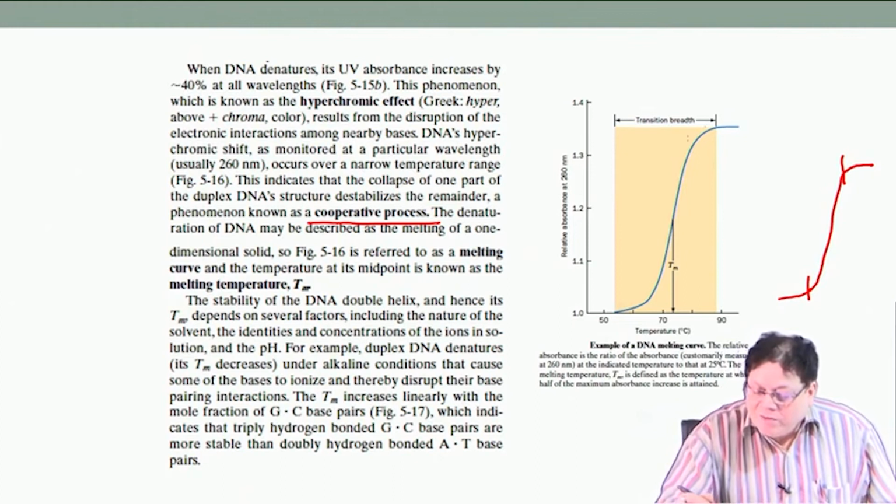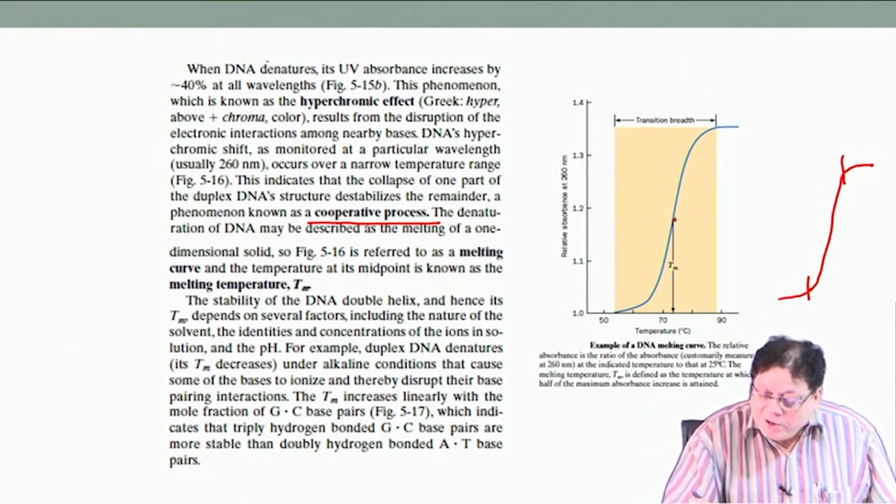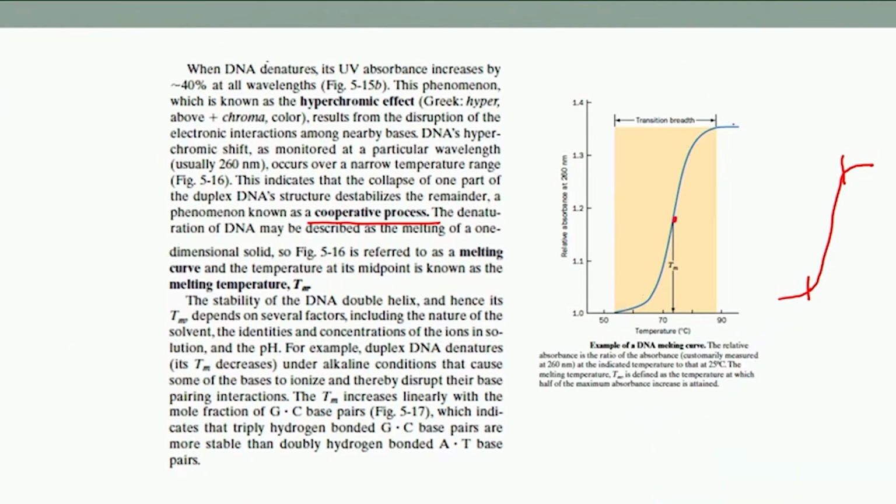Now, in this curve, if you take the middle point of this rise, this sigmoid curve, that means I can say 50% of the hydrogen bonds are broken at the middle point. Okay. So that is what is called the melting temperature of DNA.